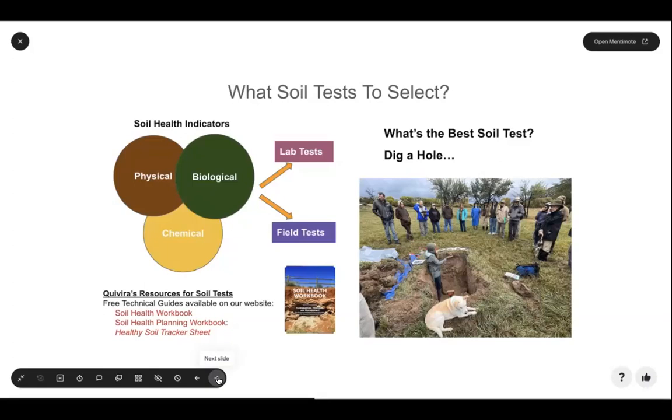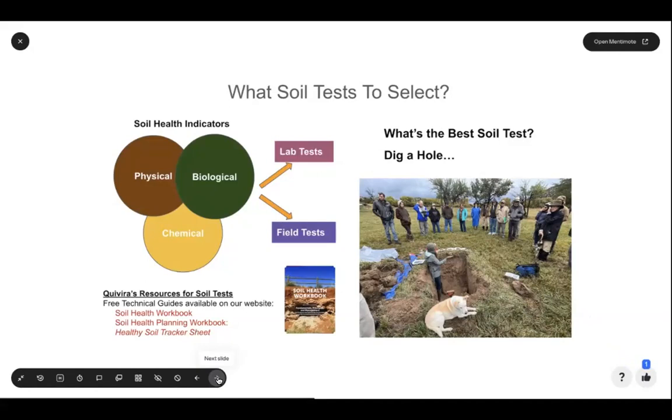So whether you decide to take soil samples and send them off to a lab to get data that will inform how the soil health is doing, or whether you want to do field tests and learn on the ground together, all of those options are going to help inform the farm and ranch plan.